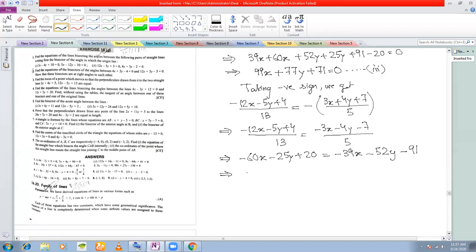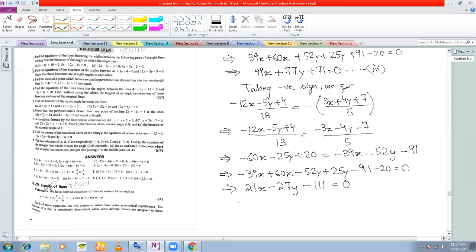Now take everything to the right hand side. You get minus 39x plus 60x, minus 52y plus 25y, minus 91 minus 20 equals to 0. That means 21x minus 27y minus 111 is equal to 0.